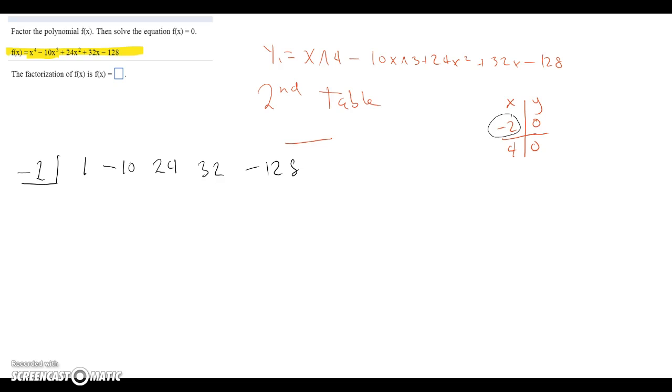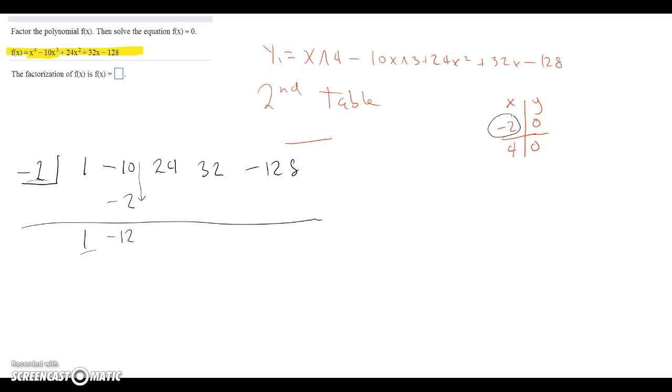Now we draw our line, and you bring your first number down, 1. Then I multiply -2 times 1, which is -2. Then we add these down: -10 plus -2 is -12.